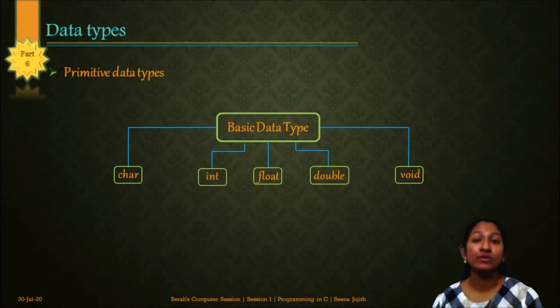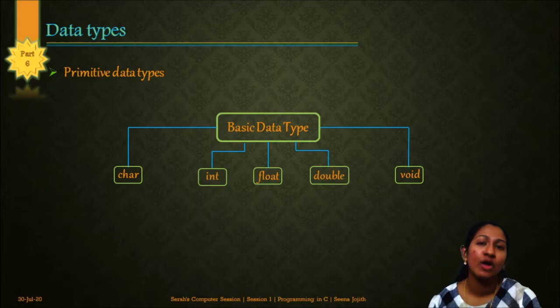Before starting, let me tell you once again, those who have not watched my previous two videos on data types, please watch that and come to this video, because I've given a detailed explanation of how the values are being calculated, and those explanations are simple also. Those who know about all those things can directly watch this video.